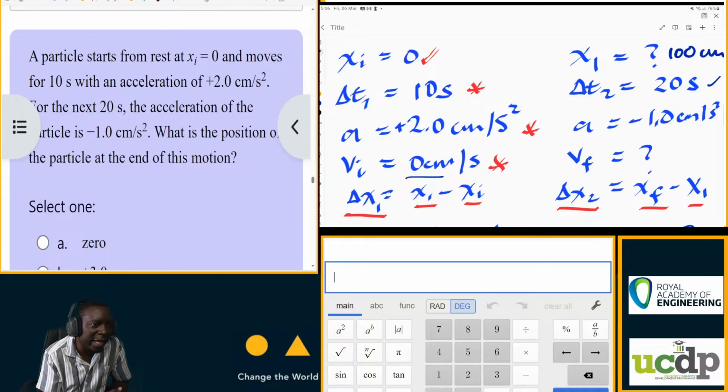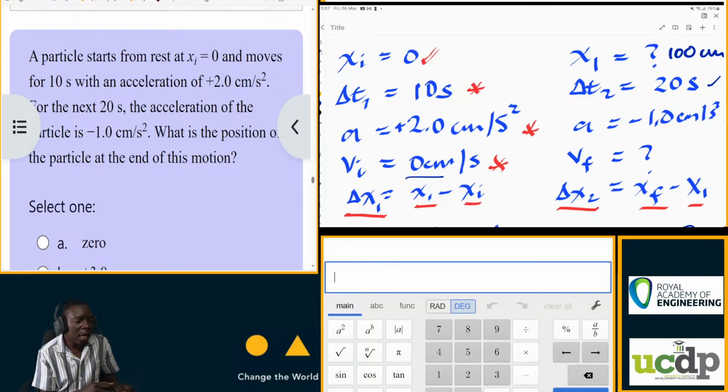It's accelerating in the positive x direction for 10 seconds. Then, because it picks up a velocity, it starts decelerating, reducing that velocity in the same direction, which means displacement is increasing, but at 1 centimeter per square second. Now we need to find the position of this particle after 30 seconds.